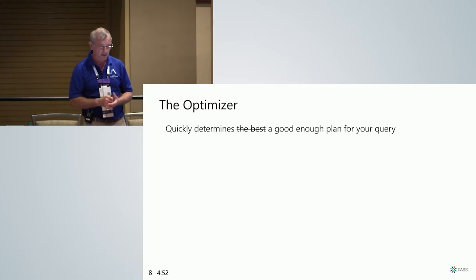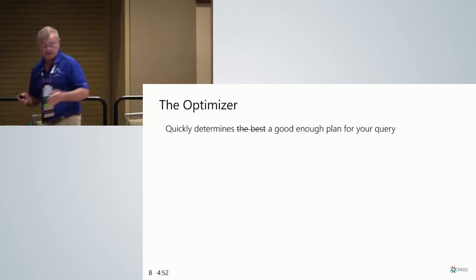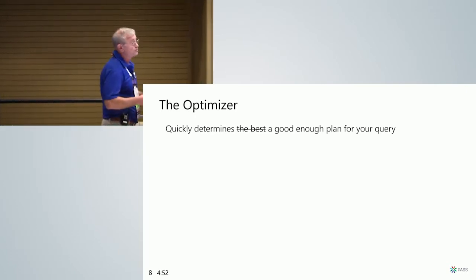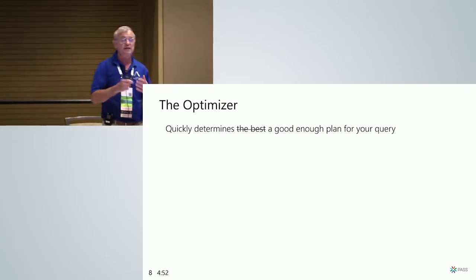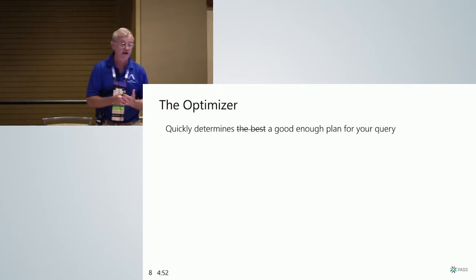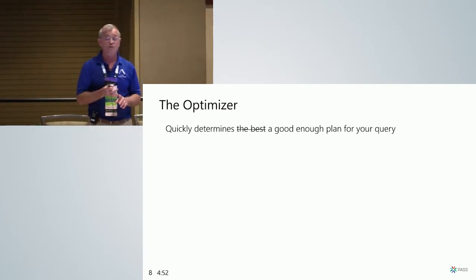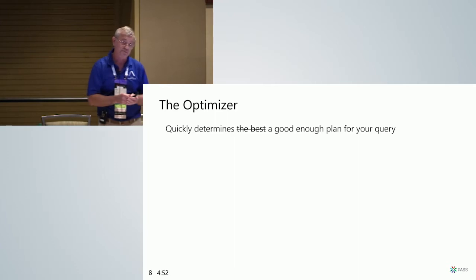An interesting thing about the fact that it's not the best, it's a good enough plan. When you submit a query, the optimizer could have many different ways to execute that query, and it needs to quickly come up with a very good plan. There are 2 reasons that it will finally say, here's the plan that we're going to use.